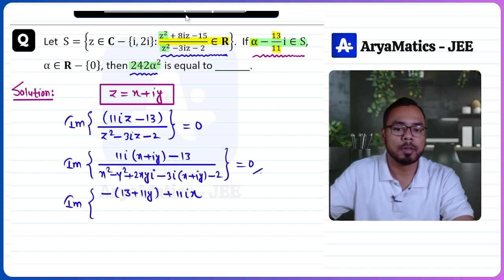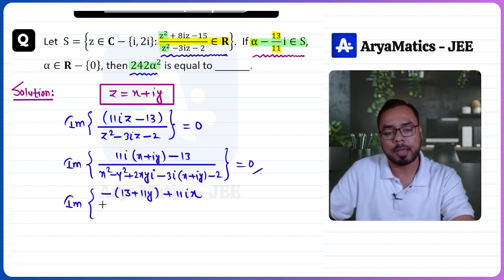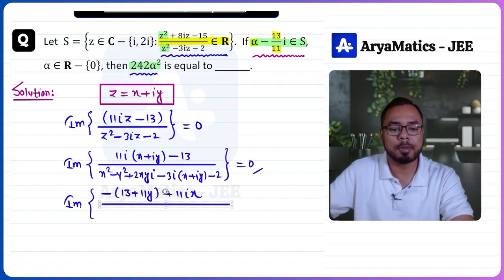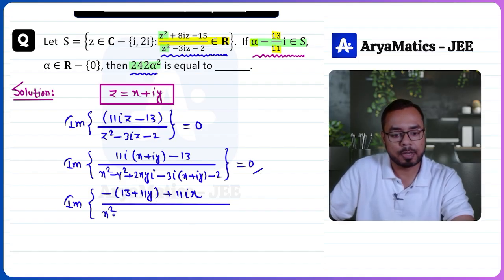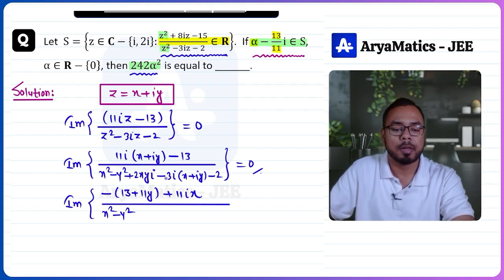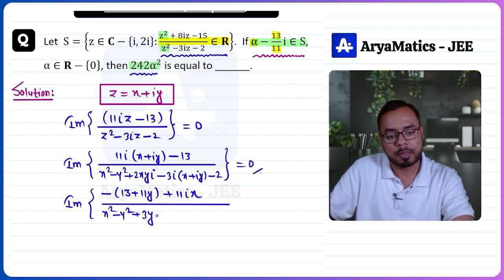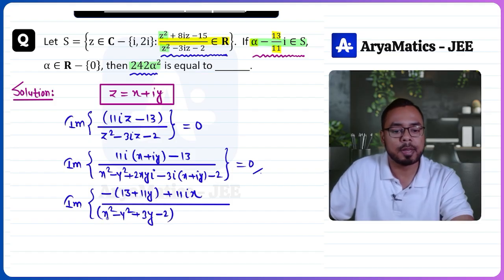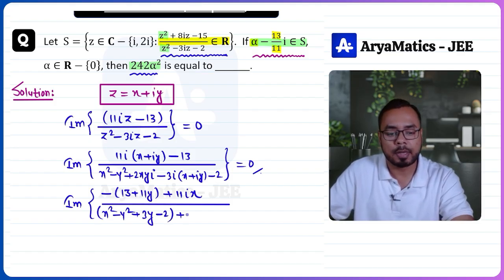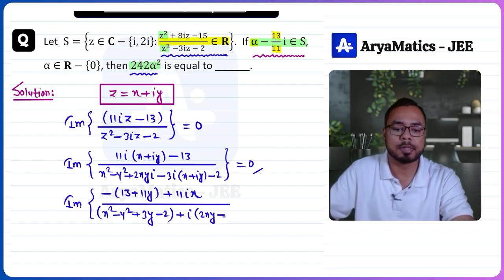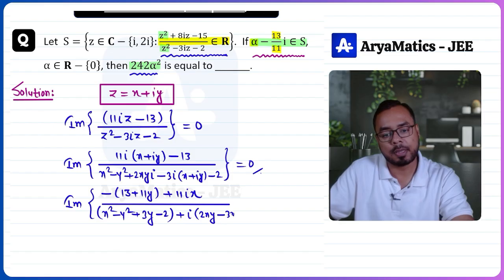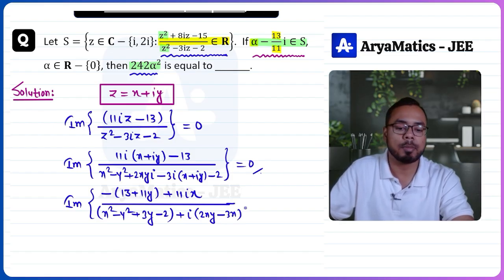This will be the numerator part. And in denominator, the real part will be x square minus y square, and then minus 3 iota into iota y. So that will be plus 3y minus 2. This will be the real part of denominator. And plus imaginary part, you will get 2xy minus, from here you will get 3x. So this is the denominator part.